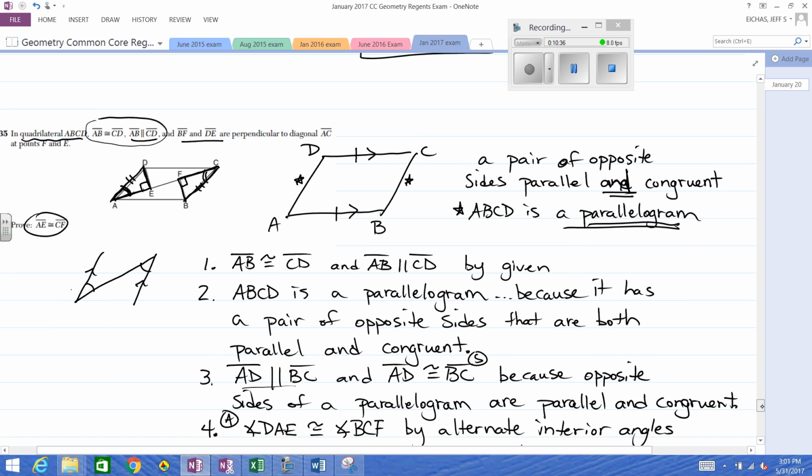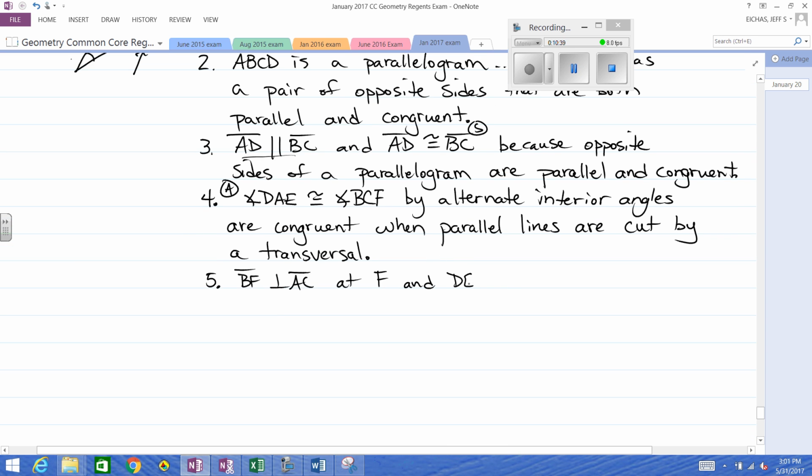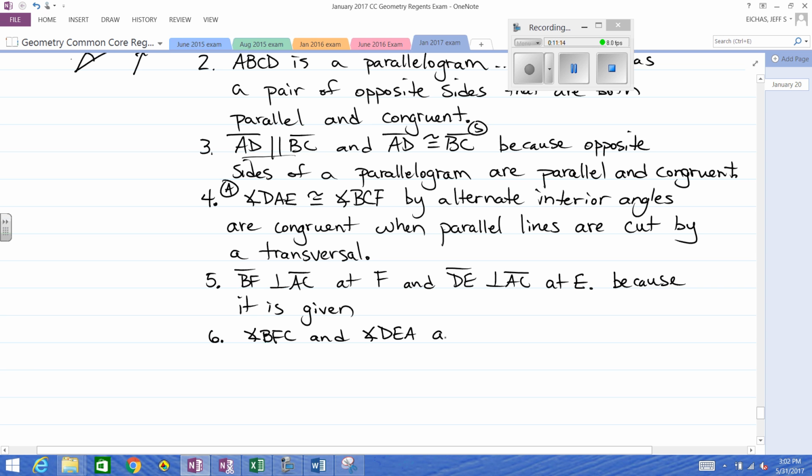And DE is perpendicular to AC. That's going to happen at point E. All right, that's because it's given. Now, as a conclusion from that, we're going to say that angle BFC and angle DEA are right angles.